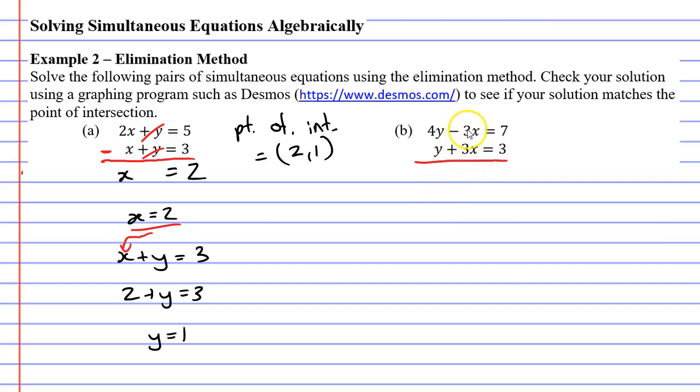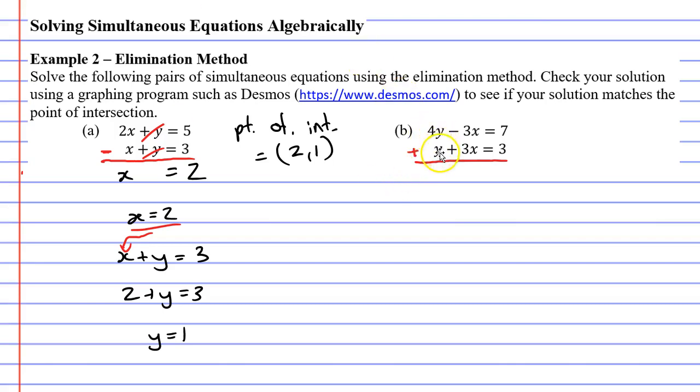You will notice that one of the 3's has a minus sign in front of it, and one of the 3's has a plus sign in front of it. When we did question A, they both had the plus sign. They were both the same. And in that situation, you always subtract. But when the signs are different, like in question B, we actually add them together. All right, let's go through it.